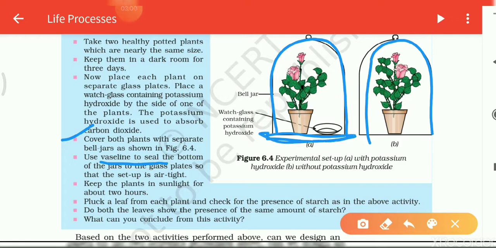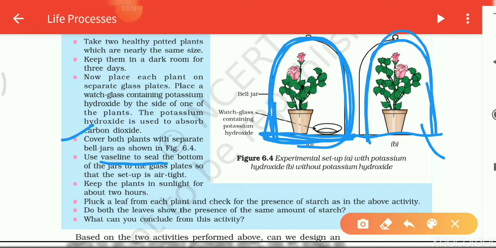Means you can pack it totally so that no air will go inside it. That's why we use the Vaseline here. If we use the Vaseline, it is totally packed and no air will go inside this jar.